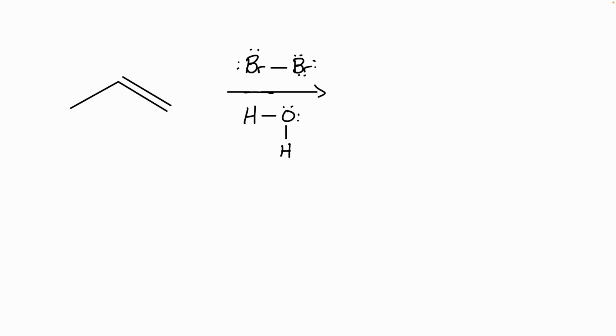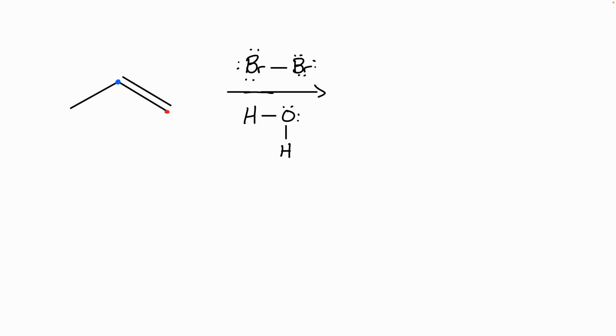This is a halohydrin formation. You're going to halogenate one carbon and then put a hydroxyl group on the other carbon. Where are we doing the mechanism right now? We're going to do the mechanism, yep. Let's say that we get this problem on the exam and we have to do a mechanism. Step one is draw your product. You want to know where you're going.